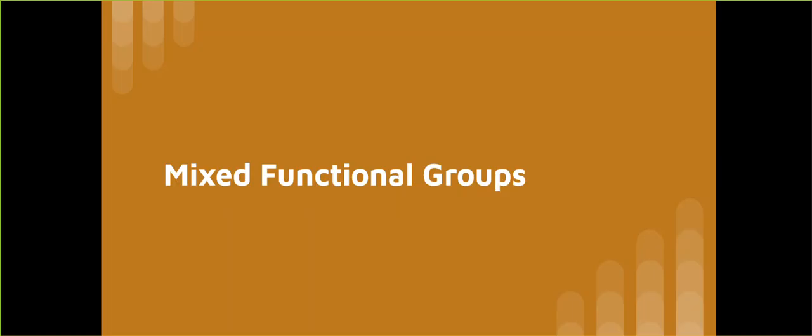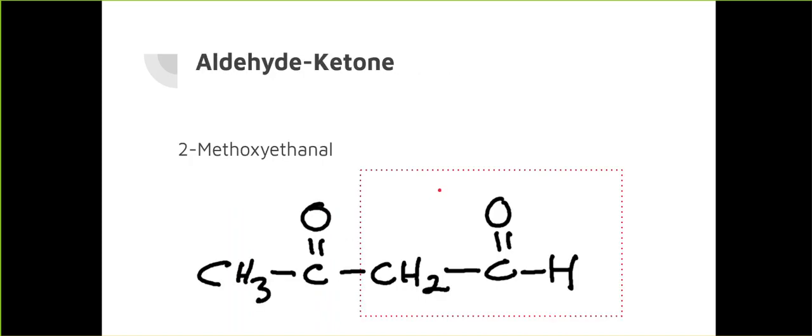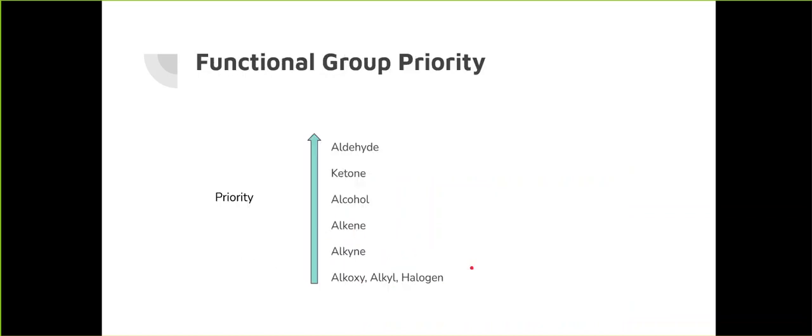Okay, Andrew asked the question, what if you have mixed functional groups? So what if you have, so here we have an aldehyde group, but we also have a ketone group here. This is RCOR. So which is it? Well, they had to come up with a naming convention for this. So there's a priority.